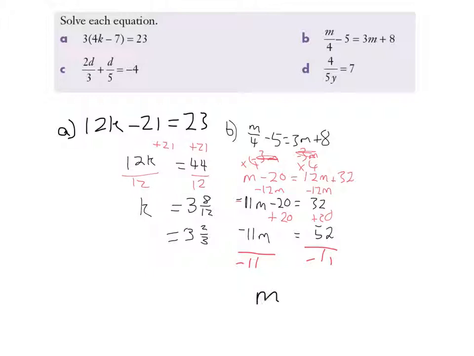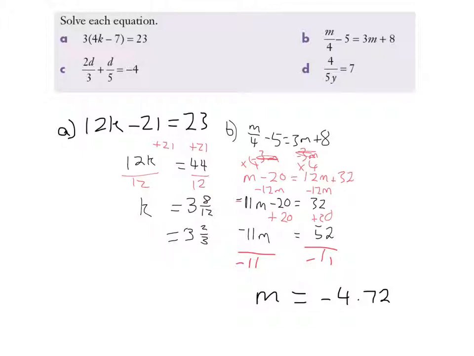M is equal to, and now here's the very important part. 4.72 is not the correct answer. For one thing, we have divided by a negative number, which means that our answer is negative. For another thing, if you were rounding it to two decimal places, it would be 4.73.